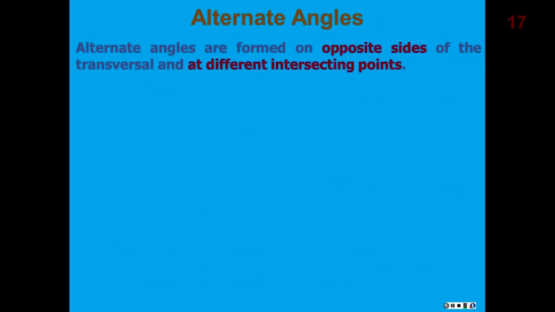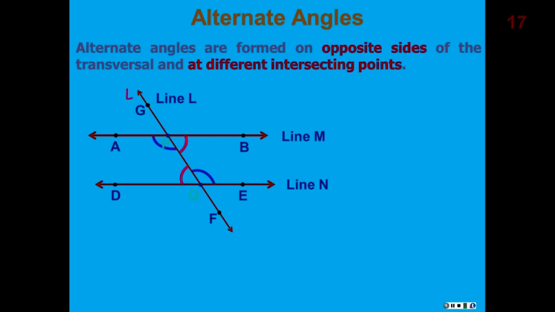Alternate angles, remember opposites. So the opposites of a transversal at different intersecting points are equal. So this angle here is equal to that angle there, and this angle here is equal to that angle there. We called it alternate interior. That's another way to say it.